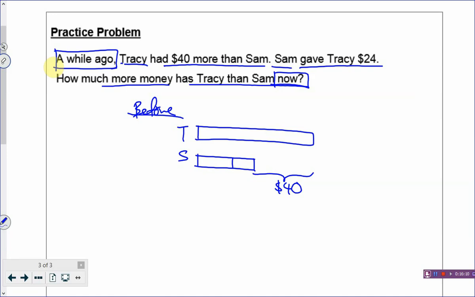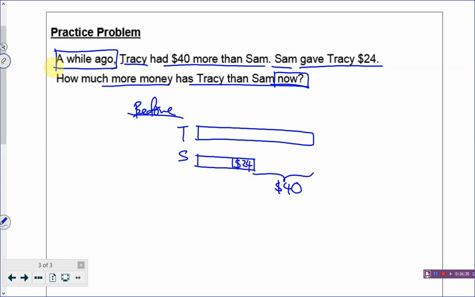You should not be looking at the previous examples and copying the model. You have to draw out the sentence one by one. So Sam gave Tracy, so you cut $24 out, but it's still there. Right, the $24 is still inside Sam's rectangle.